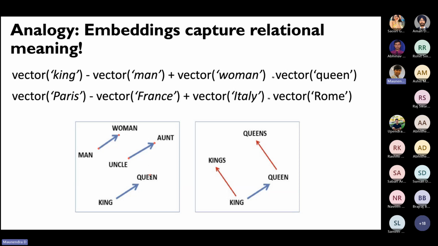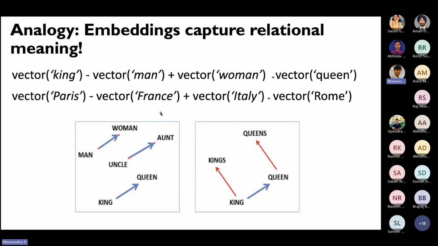Now when I say same, it's not exactly the same, but it's very similar. They saw that this happens for many different types of pairs, and that was really surprising and at the same time convincing that these vectors mean something.